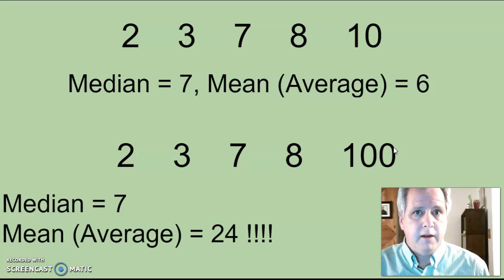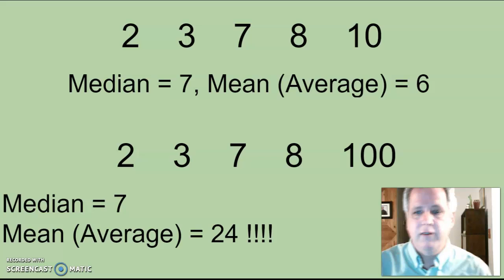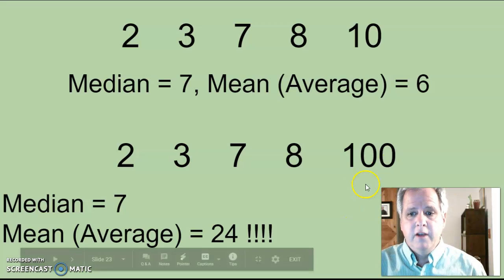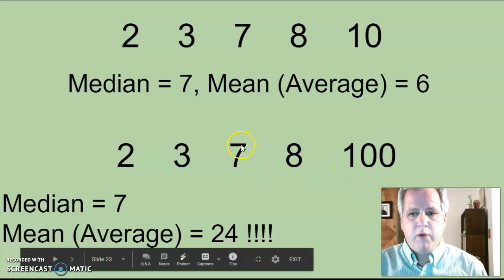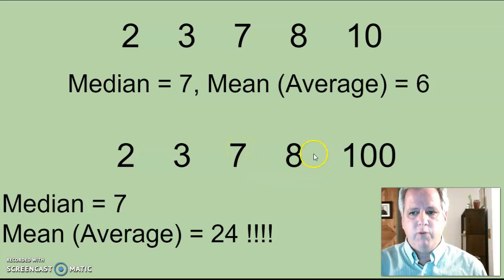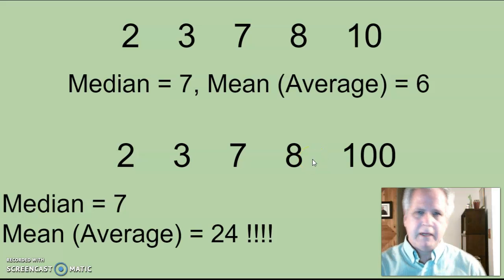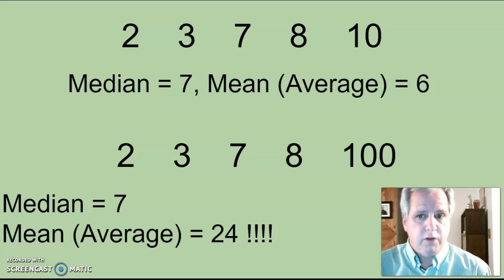I made a goof yesterday, and we're all going to have a growth mindset and be forgiving of Mr. Collins making mistakes. So the midpoint is 7, but the average is 24. It's way over here. So the mean and the median are both telling us about the numbers, but they don't always match up with each other. They usually don't match up.